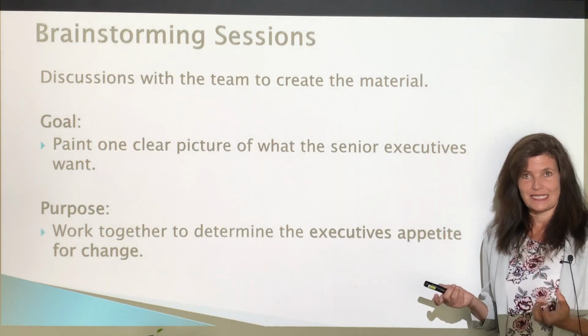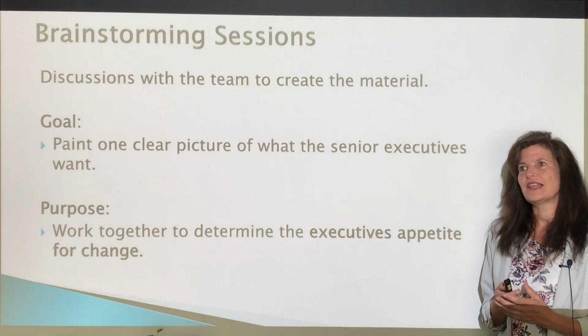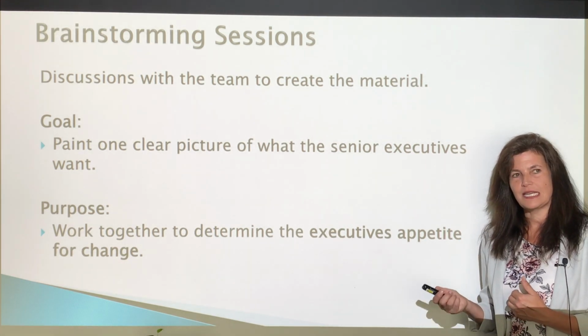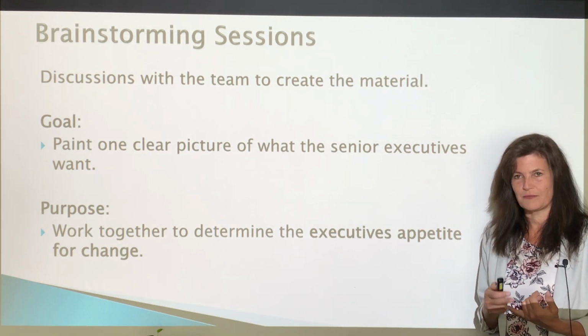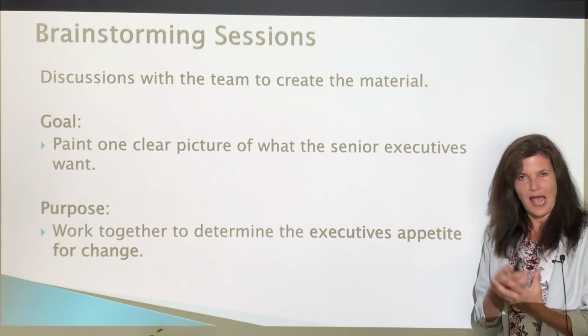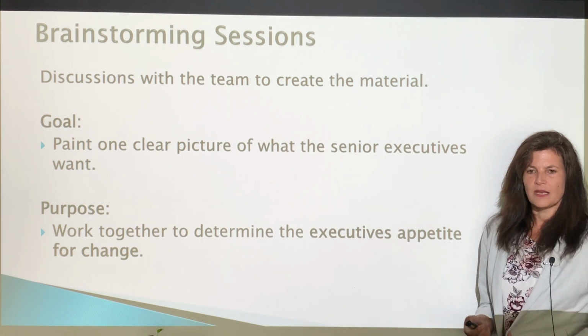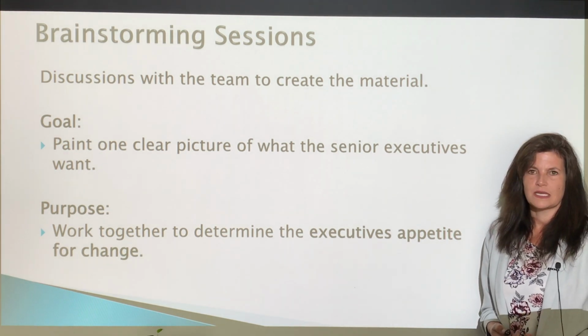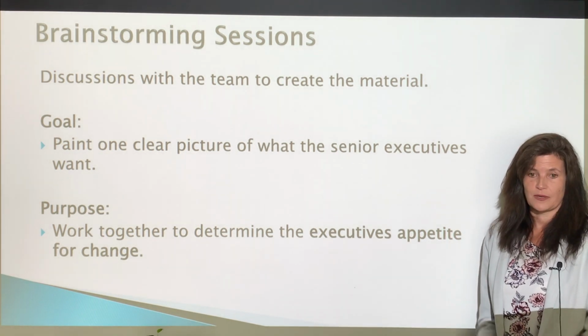So using that team that I pulled together, and again, they do not have to be architects, and that team does have to represent both your business, your security, your technical, your information, different aspects of the organization. So using that team, I hold a number of what I'm calling brainstorming sessions.